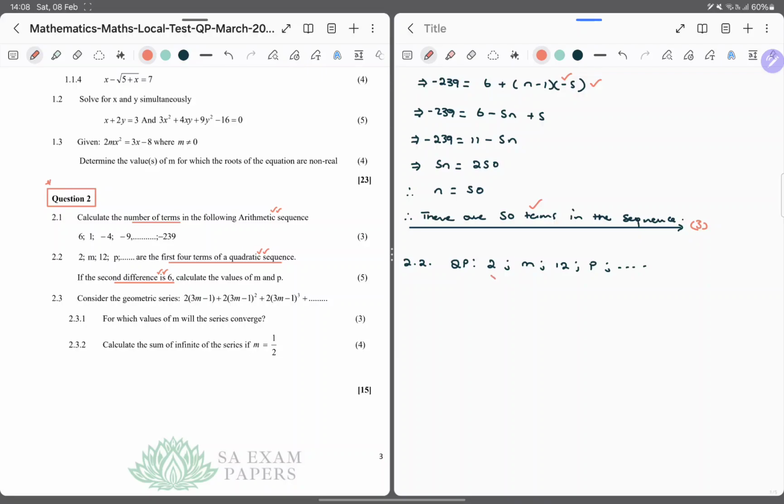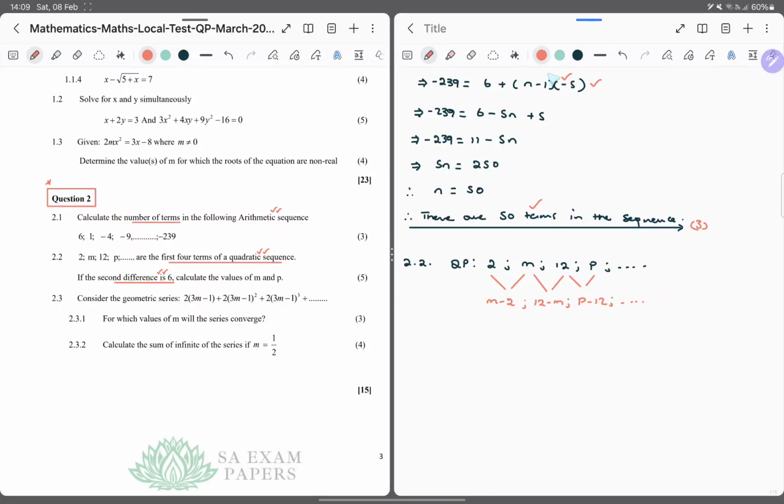Now we don't need an invitation for this. We know that between these two we will have m minus 2, and between these two we're going to have 12 minus m. Those are the first differences. We've got p minus 12. And of course, this is a sequence on its own.